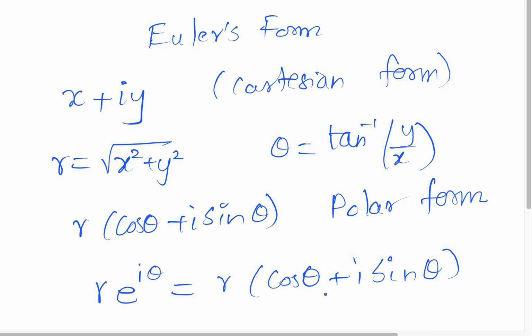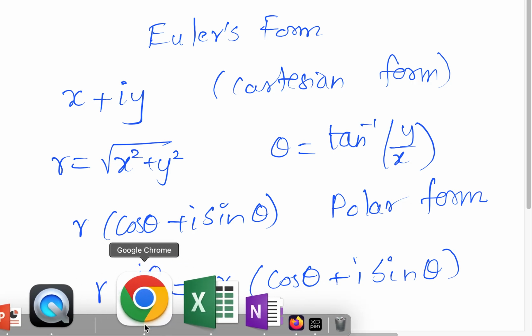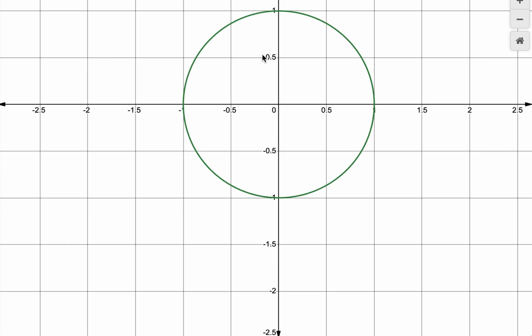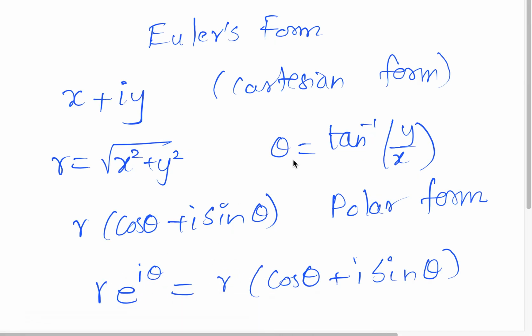Okay, so to understand this, let me show you a demonstration using Desmos. So I have a circle here of radius 1. I made the radius 1 so that I'm not worrying about the modulus. So the modulus is 1 and the argument is some theta. Let me write down that complex number for you.